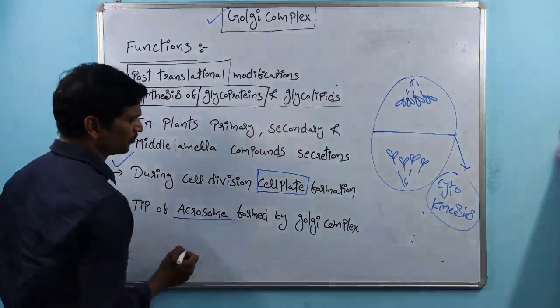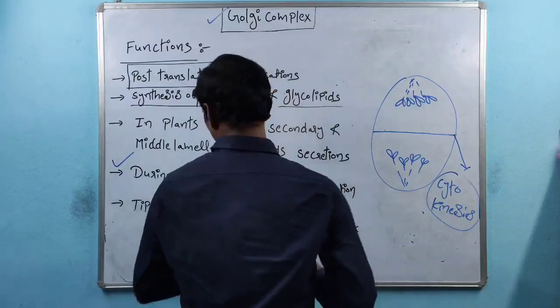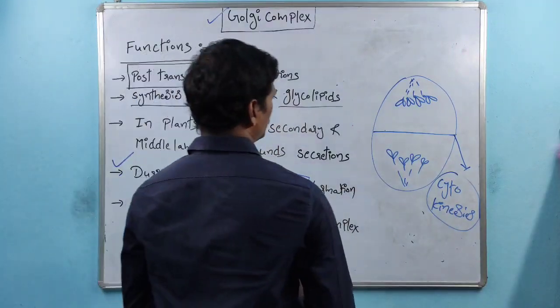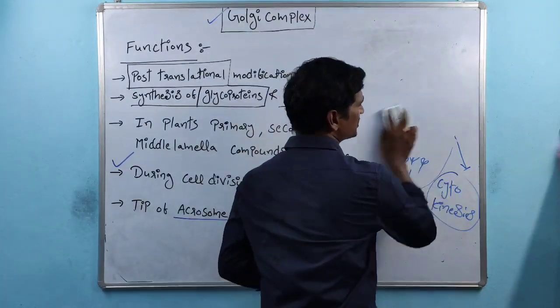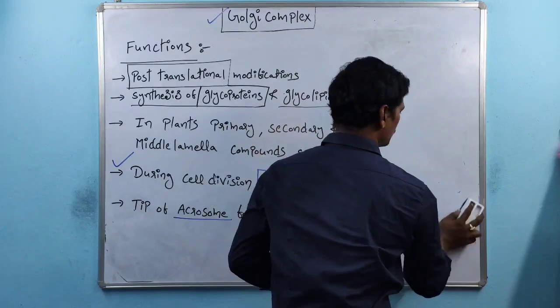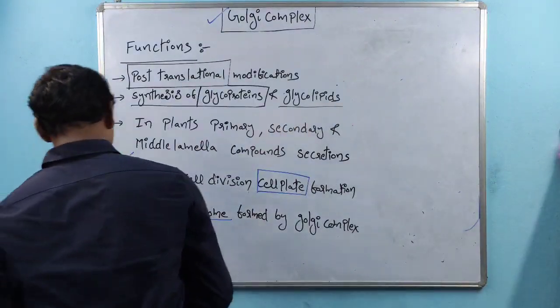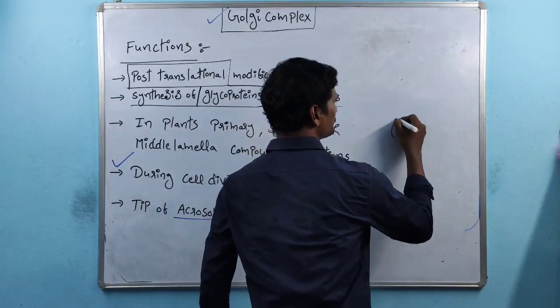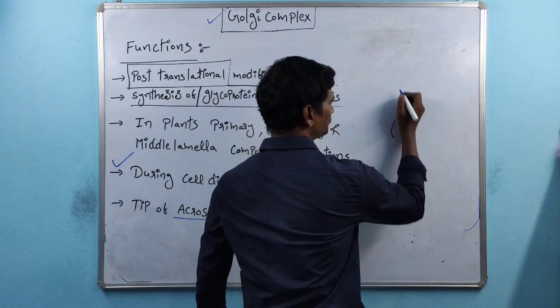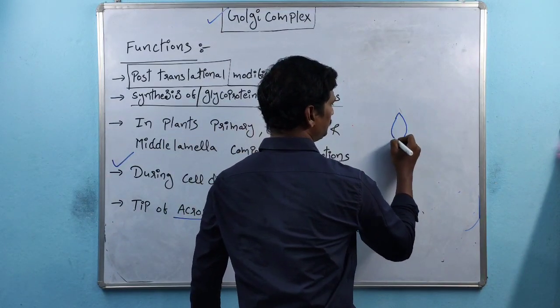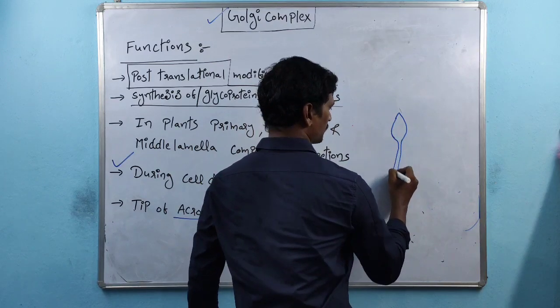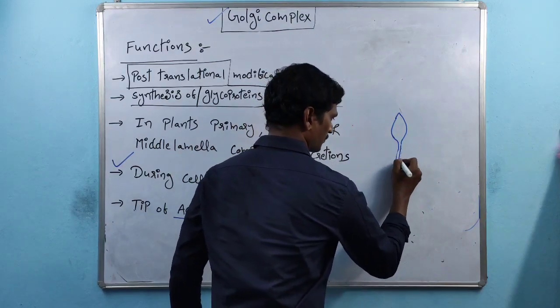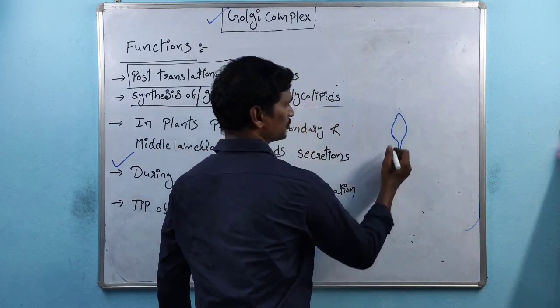The last one is the acrosome. Acrosome formation is related to the sperm cells, which have a tip part. This is one of the sperm cells, right?